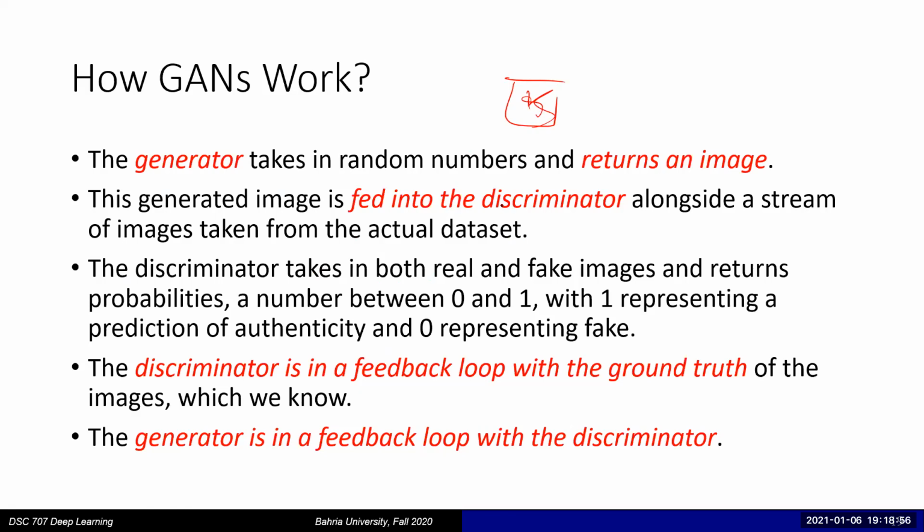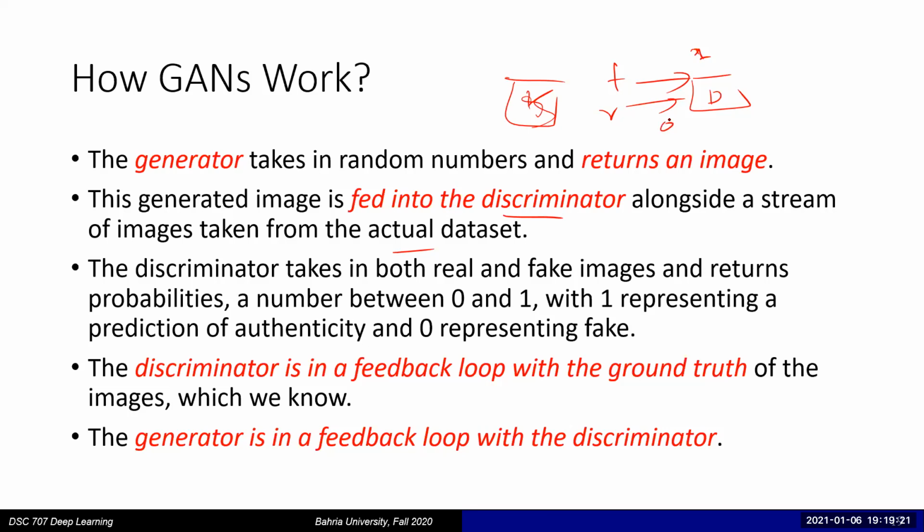Then this image is fed to the discriminator, along with images from the real data set. This means you are feeding the discriminator with fake as well as real data, right? When you are training the discriminator, fake is labeled as fake, maybe 1 or 0, maybe 1 means it is fake, and real is labeled as 0, meaning it is real, or whatever convention you are using.